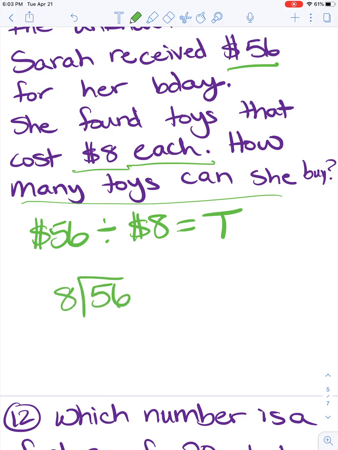When we do that, 56 divided by 8, count by 8s. 8, 16, 24, 32, 40, 48, 56. How many did you get? You got 7. 7 times 8 is 56. Okay, so 7 toys she can buy.